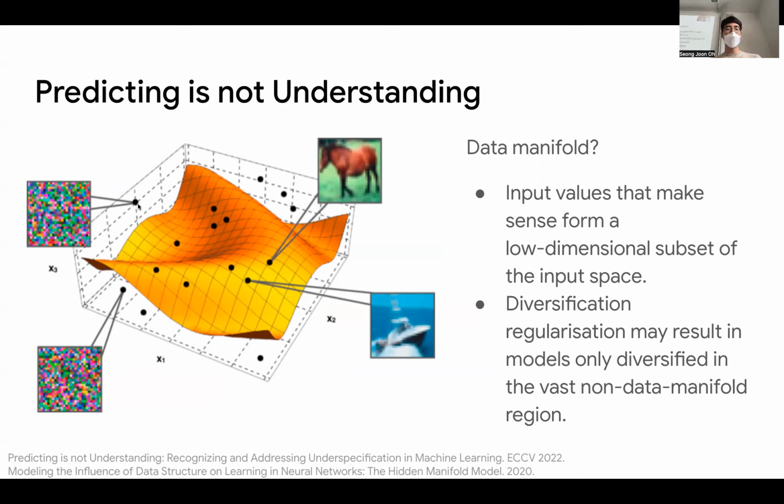But if you sample randomly from this space, you're going to see random pixels. So we can confine our exploration of different decision boundaries within the manifold rather than exploring all the other spaces.